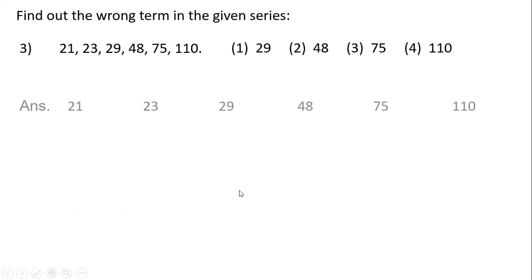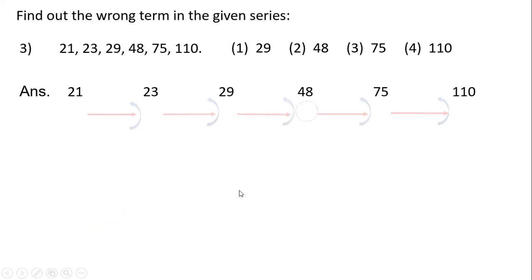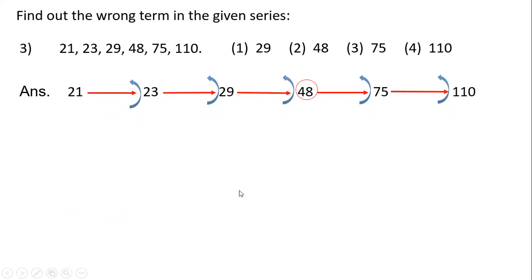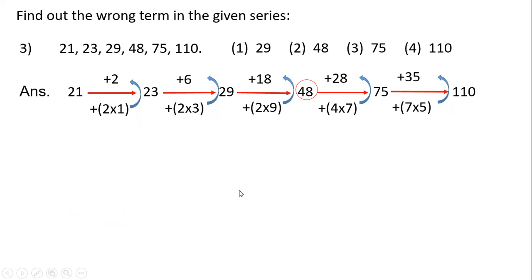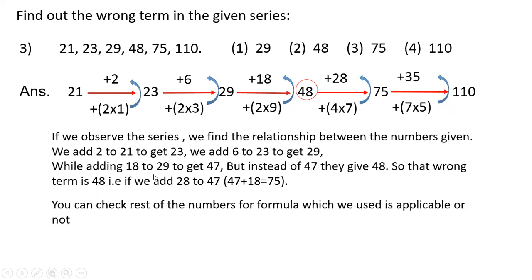In this question, they give us some series. We find out what is the relationship between them and find out the wrong term. Here 21 plus 2, 23, 23 plus 6, 29, 29 plus 18, what should we get? 47, but they give us 48.